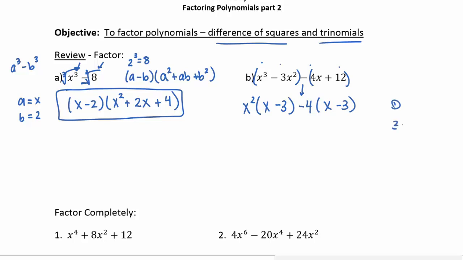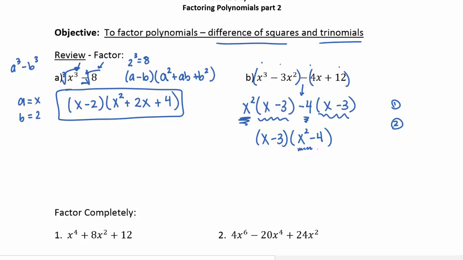Step 2 is to write this as my two factors. My first factor, the common GCF, is x minus 3. We're going to have this one and this one. What I have left is x squared minus 4. There's always two steps to grouping, but you also have to be sure that it's factored completely.